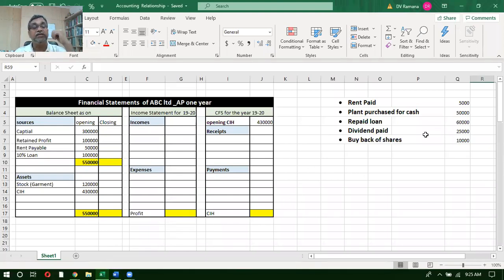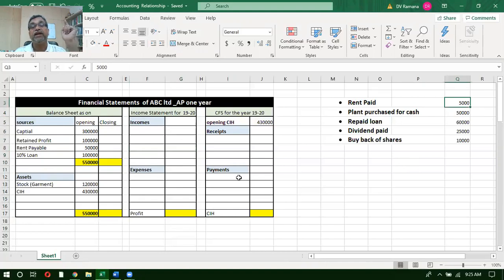To explain this, I have an opening balance sheet which has some assets and the corresponding sources. The financial statements are the balance sheet, income statement, and cash flow. Rent paid 5,000.